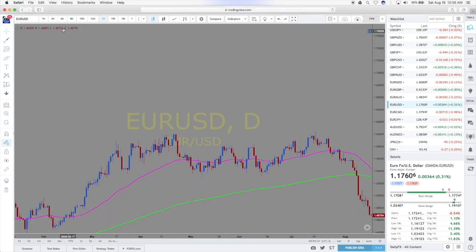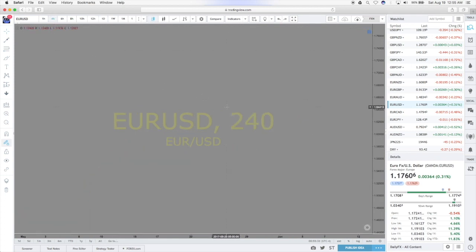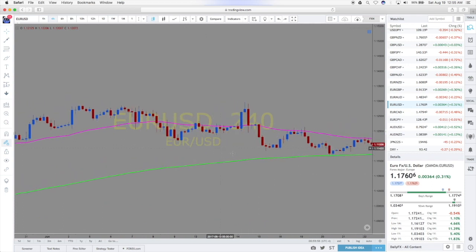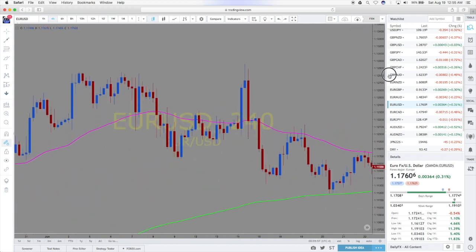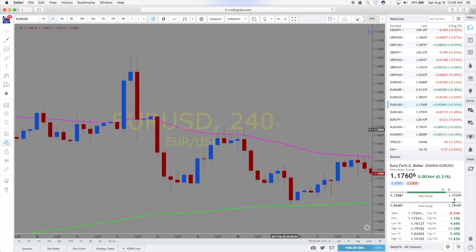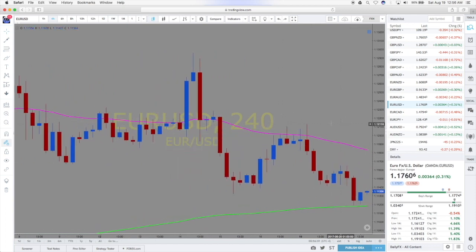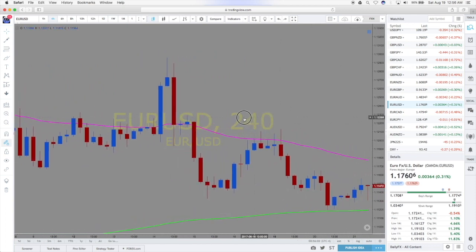Okay, and for that we'll just go to the 4-hour time frame here. Good examples of indecision candles are right here.